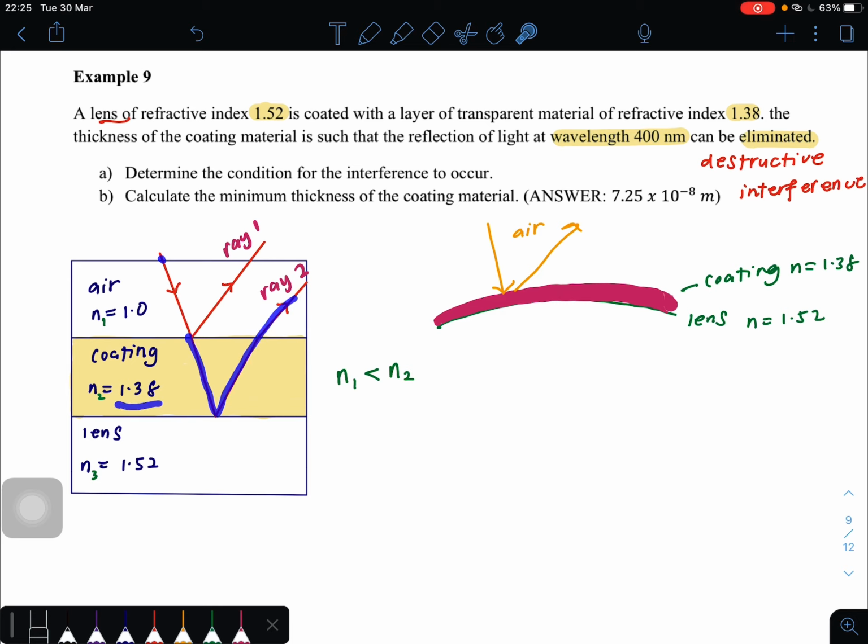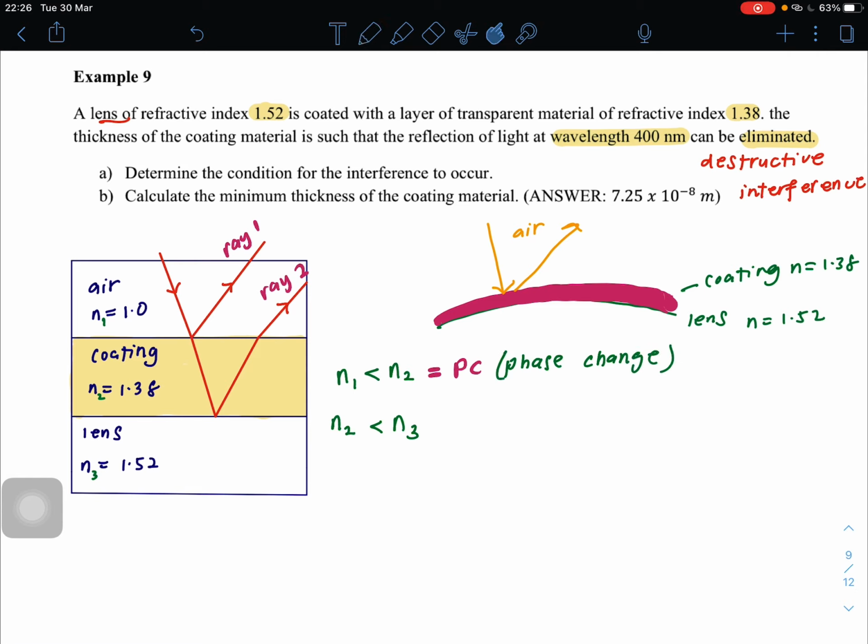So from coating to lens, N2 is smaller, which is less dense than N3. Okay, so remember if light travels from less dense to a denser medium, there will be a PC. PC means phase change. There will be a phase change.